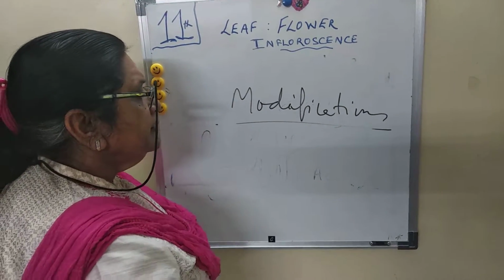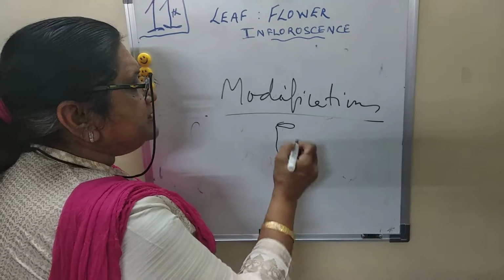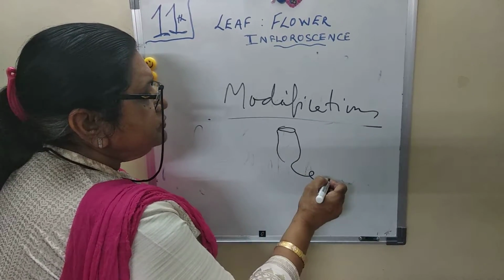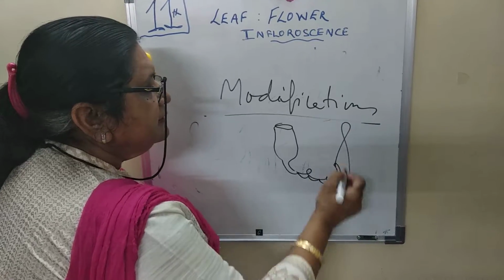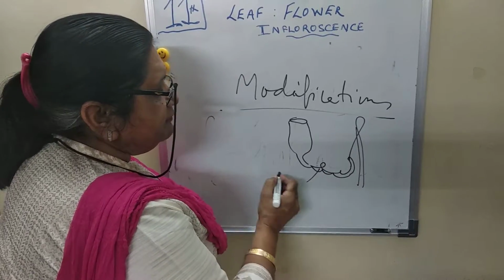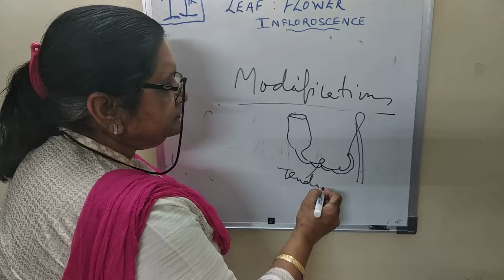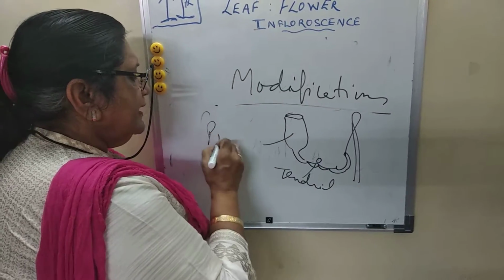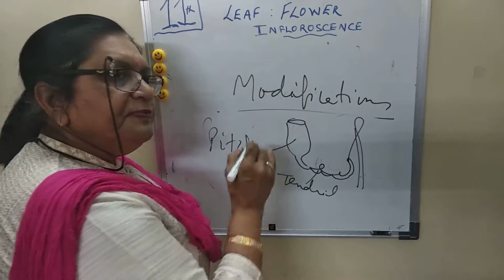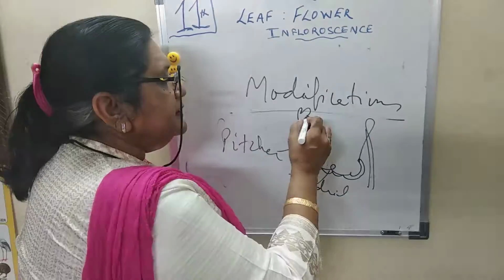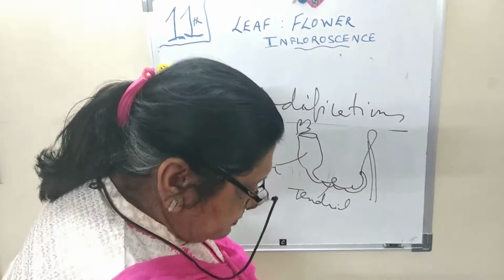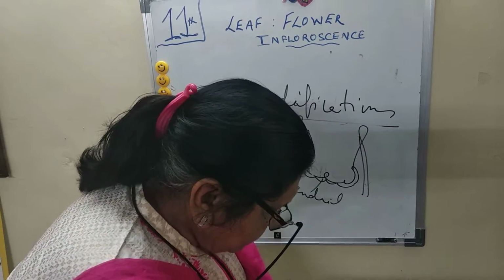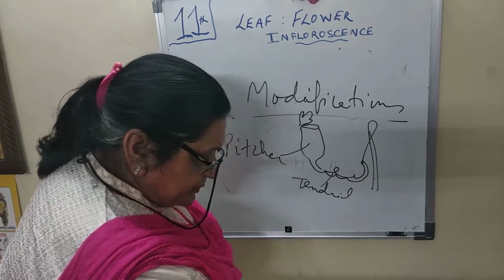Then in the case of pitcher plants, two modifications occur simultaneously. The petiole is modified in the form of a tendril, and the lamina is modified in the form of a pitcher, insectivorous, an expanded part to catch insects.